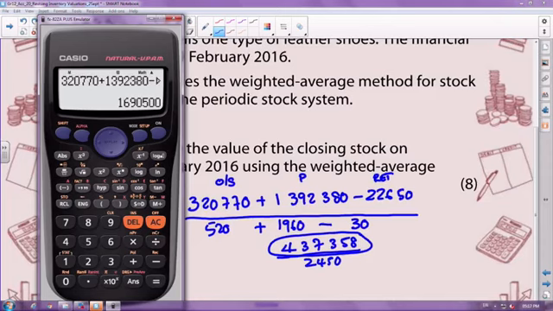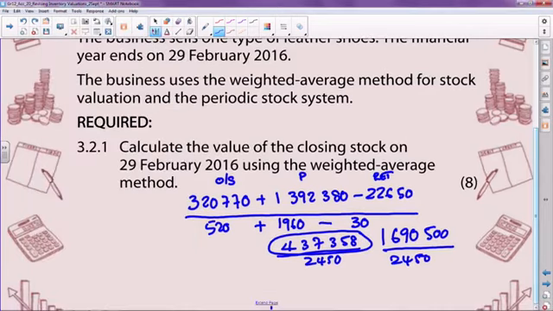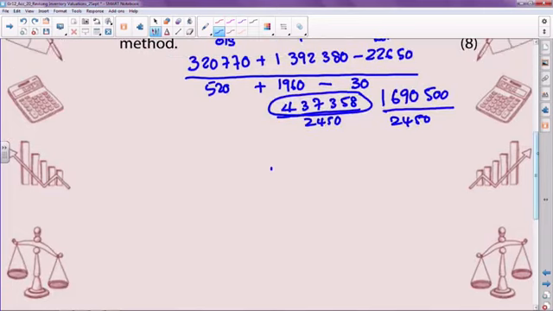It should be 1,690,500. Okay, divide that by the 2,450, and your answer is 690. That's more like it. Okay? So we've got a figure of 690 as the weighted average.